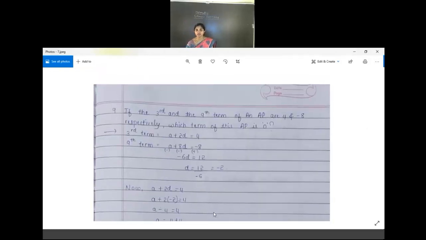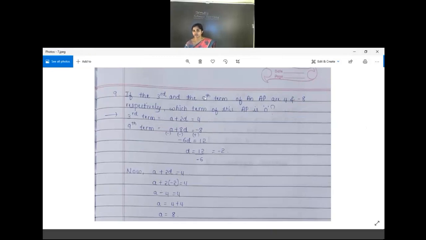If the third and 9th term of an AP are 4 and minus 8 respectively, which term of this AP is 0? Okay, same data given, but one extra question. Which term of the AP is 0? That one we have to find out extra.